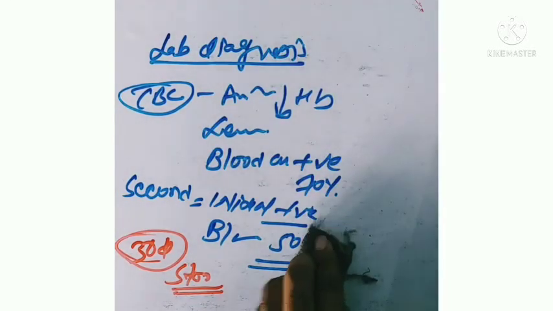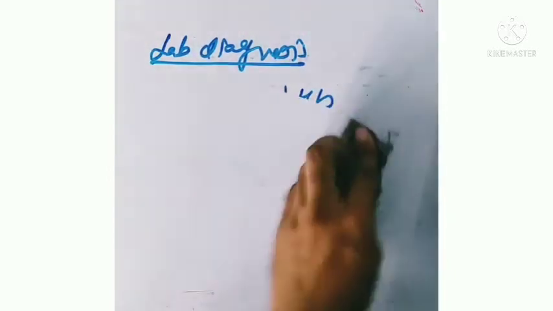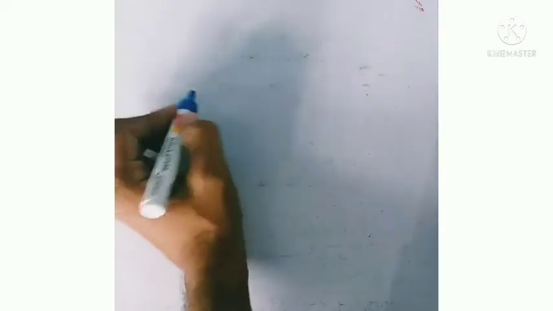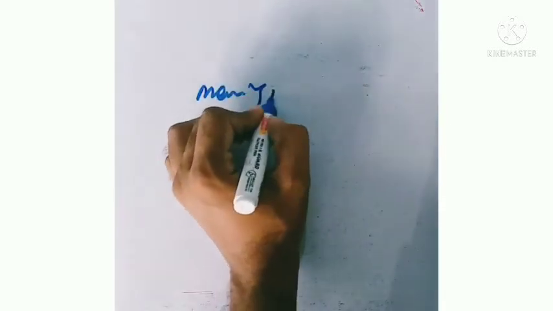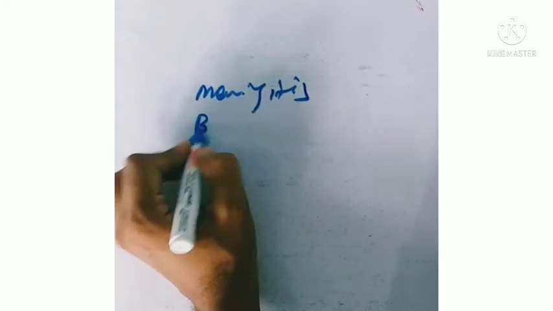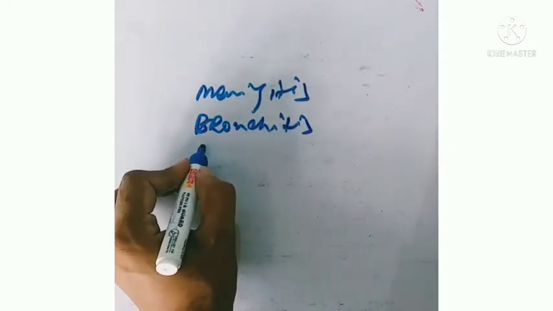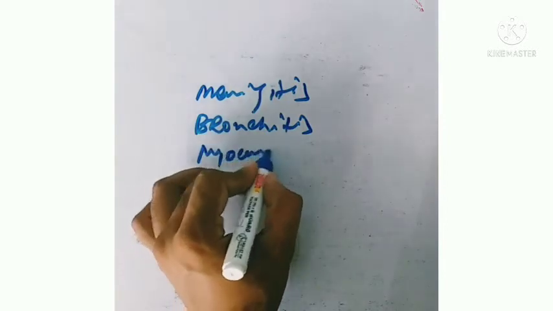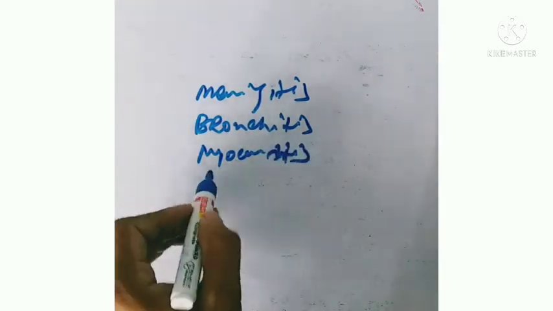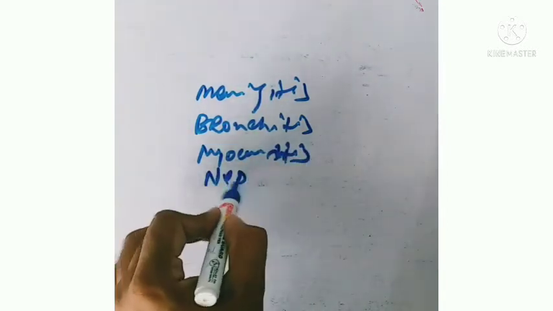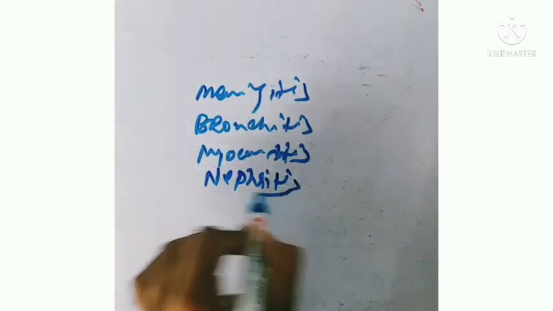So there are some complications of typhoid: body ache, encephalopathy, joint pain, there can be bronchitis, meningitis, myocarditis, then nephritis, nephrotic syndrome, renal kidney disorder can be there.